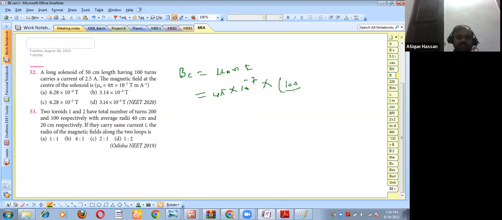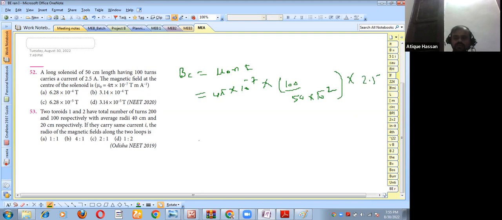So 100 by 50 into 10 to the power minus 2, and current is 2.5.